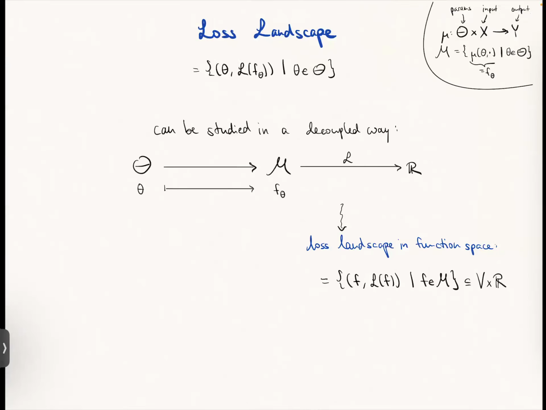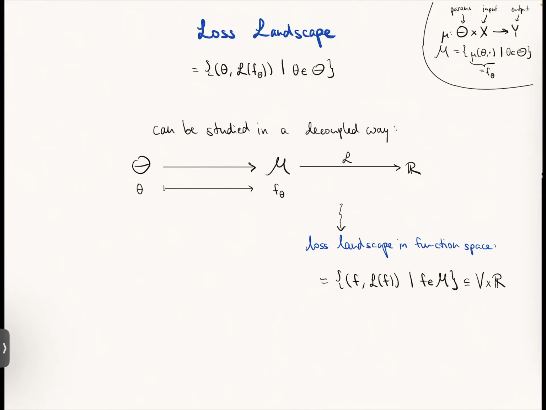But in this algebraic world, where the neuromanifold M itself is in a finite dimensional space, I think it is more natural to decouple this problem. Instead of studying the loss landscape directly, on the one hand you study the neuromanifold and its parameterization, which is a completely data independent thing, and second, you study the loss landscape directly in function space, which is now not really harder, because M lives in a finite dimensional vector space V, and so the graph of the loss function also lives in a finite dimensional vector space that I can look at.